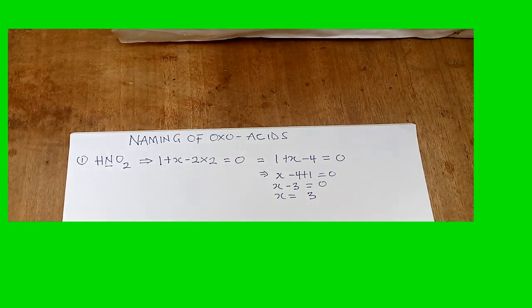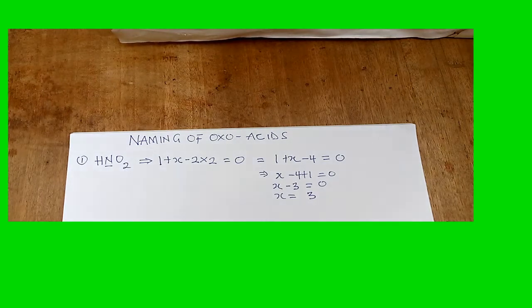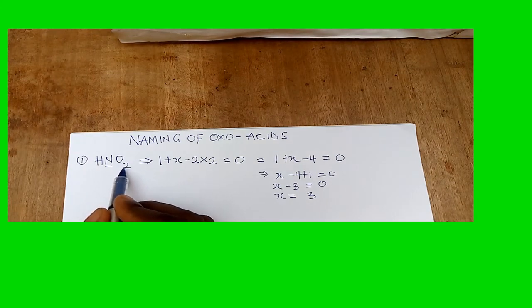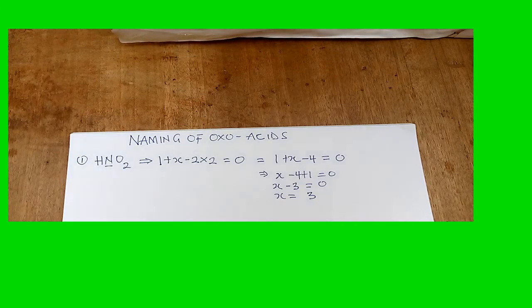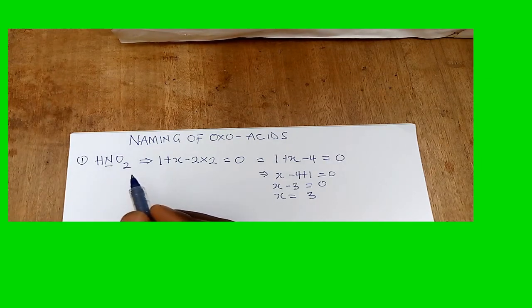So we can now give the name to the compound because we have the oxidation number of the central atom, which is nitrogen. We consider the number of oxygen atoms here, and that will give us the name. Because the number of oxygen atoms here is 2, we say diazo, and then the nitrogen changes to nitrate.